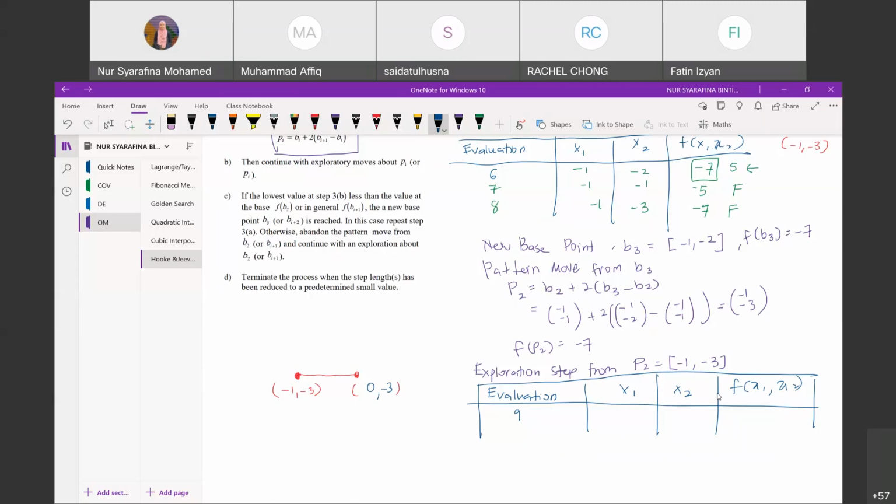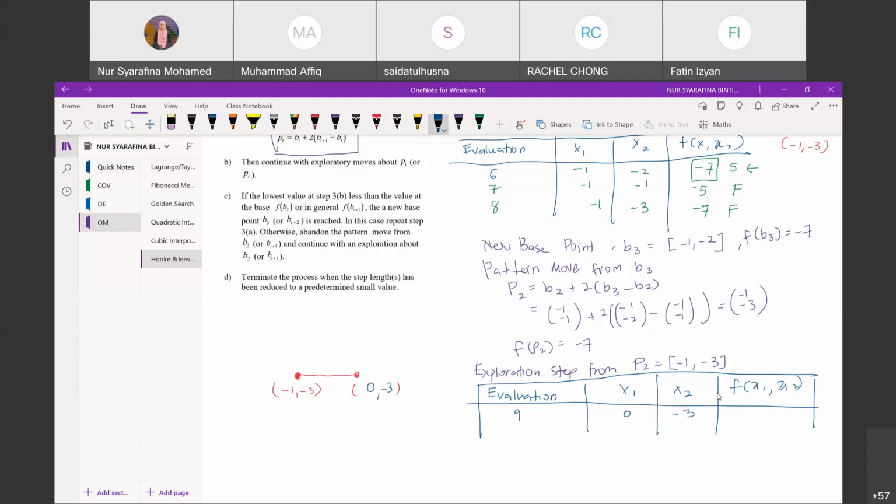If it is -1, -2, it means that the movement is upside. Remember, we should always start from right to left, then upside and downside. Clear or not? Okay, understand or not? Why it is 0, -3? Okay, so our new evaluation starts from 0, -3.